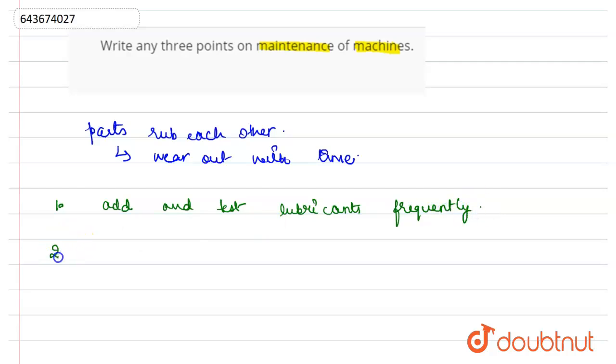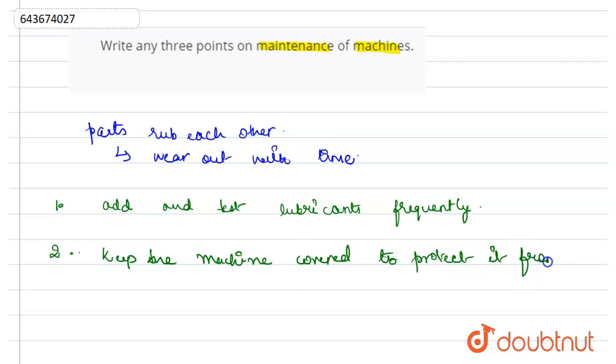Second that we can do is keep the machine covered to protect it from dust and humidity.